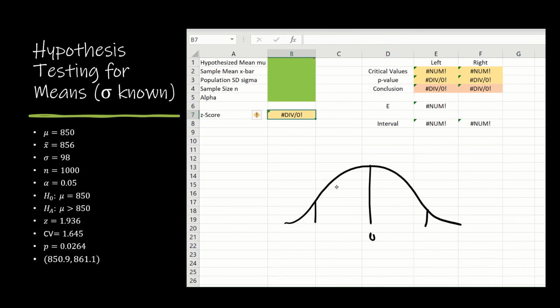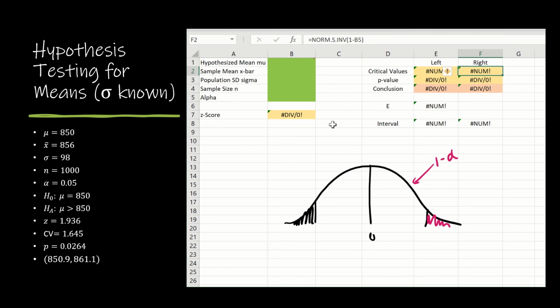I need alpha to be to the left of that. So NORM.S.INV of B5, which is alpha. Or for a right-tailed test, I need alpha to be to the right of that, which means 1 minus alpha will be to the left of it. So that's what I've done here, 1 minus alpha. So those are going to be the two critical values, one positive, one negative.